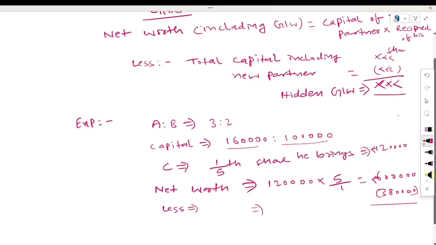We have to less this: 160 plus 1 lakh plus 120. Now what would be the value of the goodwill? The value of the goodwill would be 2,20,000. This is the value of hidden goodwill.